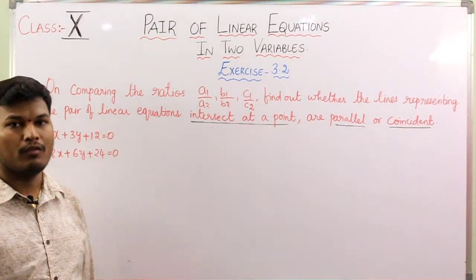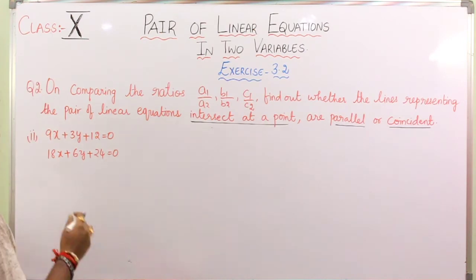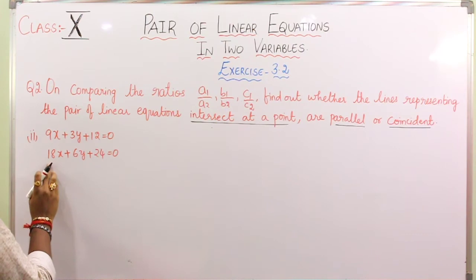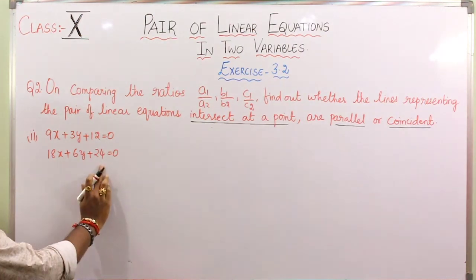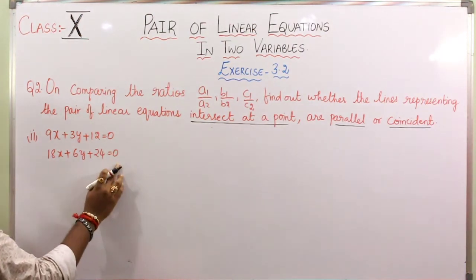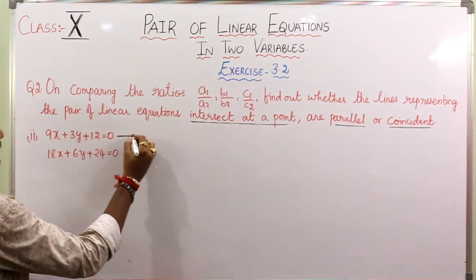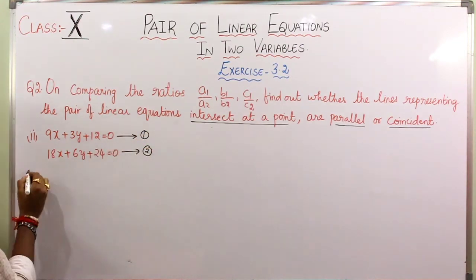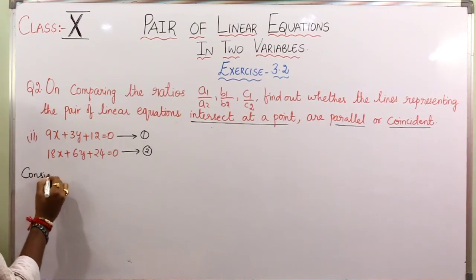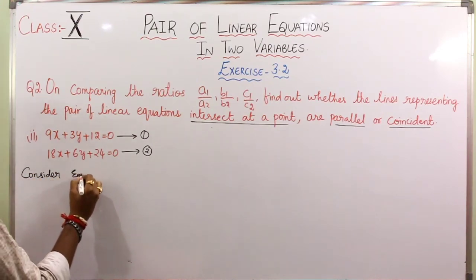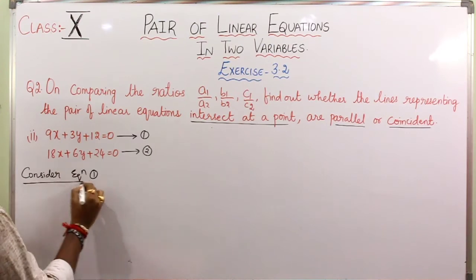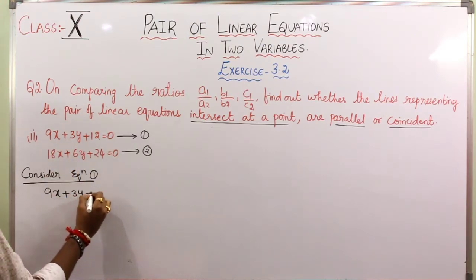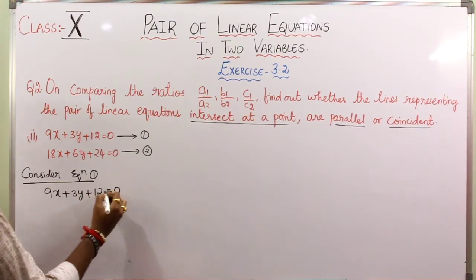Now the second bit of the problem, that is 9x plus 3y plus 12 is equal to 0 and 18x plus 6y plus 24 is equal to 0. First, name them as the first equation and the second equation. Now consider equation number 1, that is 9x plus 3y plus 12 is equal to 0.